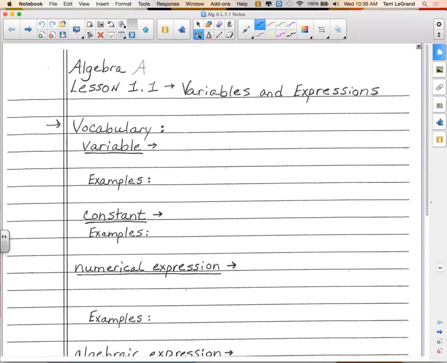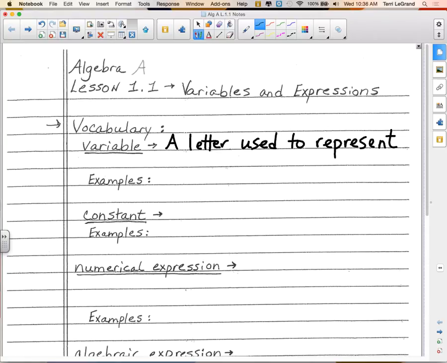Okay, a letter used to represent, so from our English language, one of our letters, A, B, W, Z, whatever you want to use.